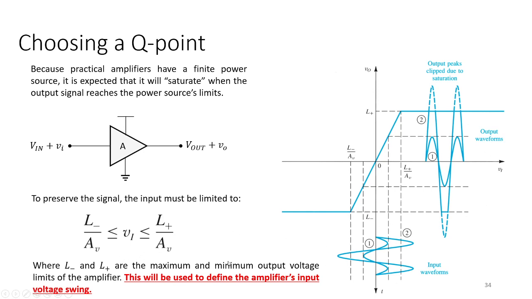If we decrease this input, for example to this one, number 1, it is within the limits and we will get a very nice signal. That's why we also have to consider the magnitude of the input.